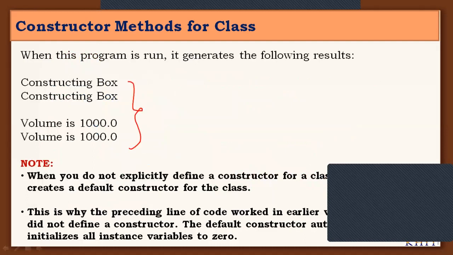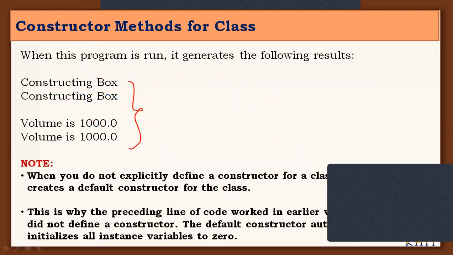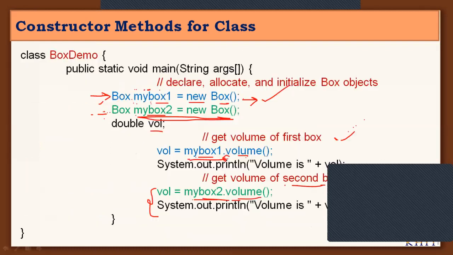If you observe this constructor, when it is called, the first statement in it is System.out.println, "Constructing Box". Then only does it initialize the values. So when the first statement executes, the first box is created.